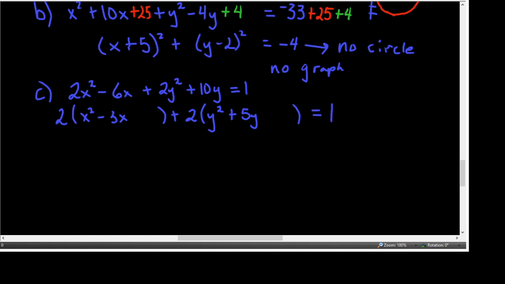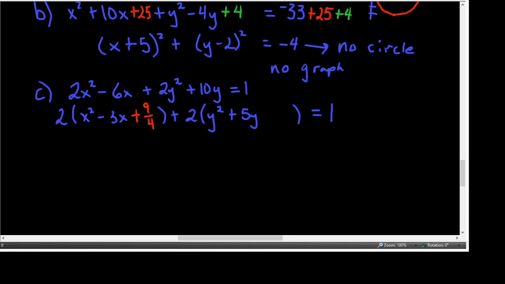All right, so half of negative 3 is negative 3 halves. Squared is 9/4. Now, you may think I need to add 9/4 to the other side. You're almost right if you think that.